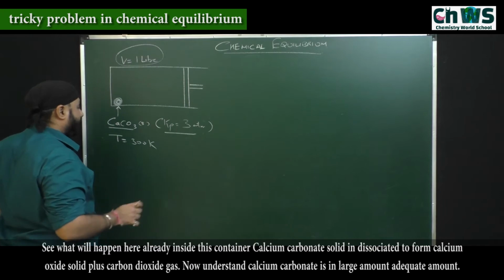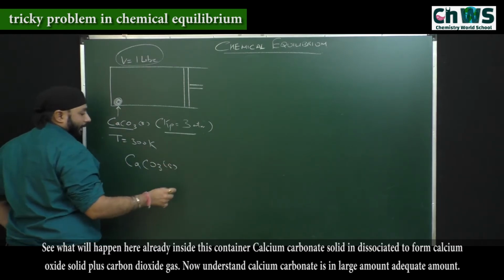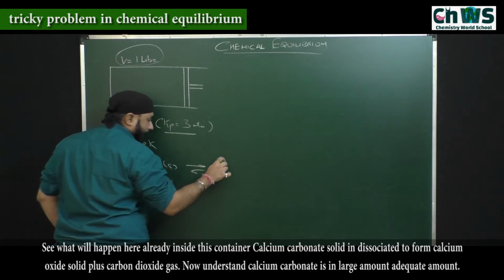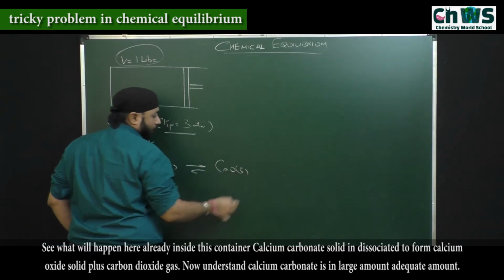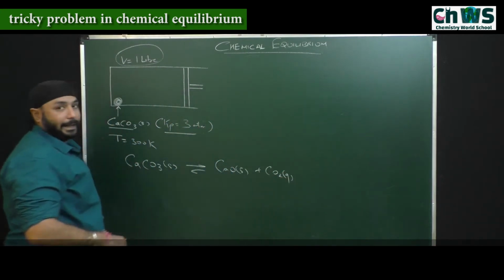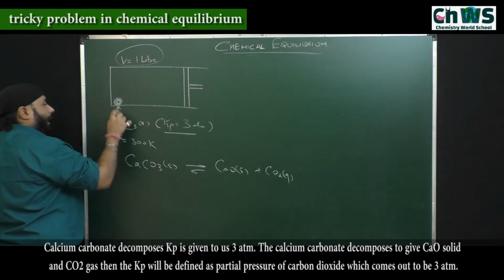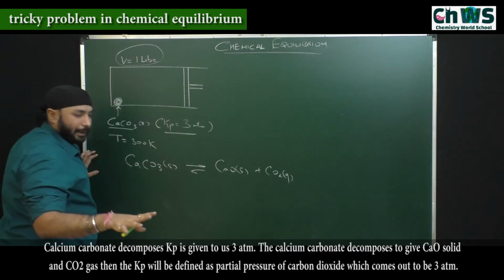Now see what will happen here. Already inside this container, calcium carbonate solid is dissociated to form calcium oxide solid plus carbon dioxide gas. Now understand, calcium carbonate is in large, adequate amount.